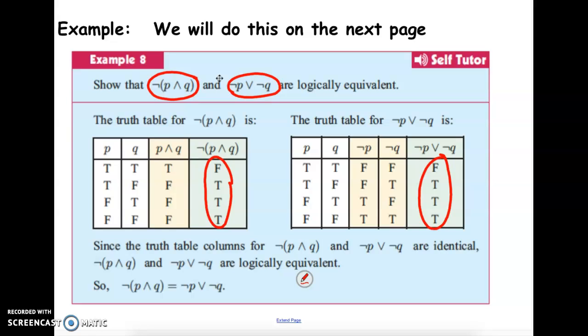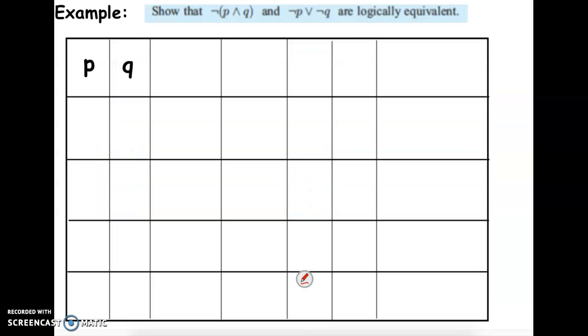And notice that these two are exactly the same. They have the same truth values, false, true, true, true. So these are considered logically equivalent. So I'm going to go on to the next slide, and we're going to create the truth values for this example 8.